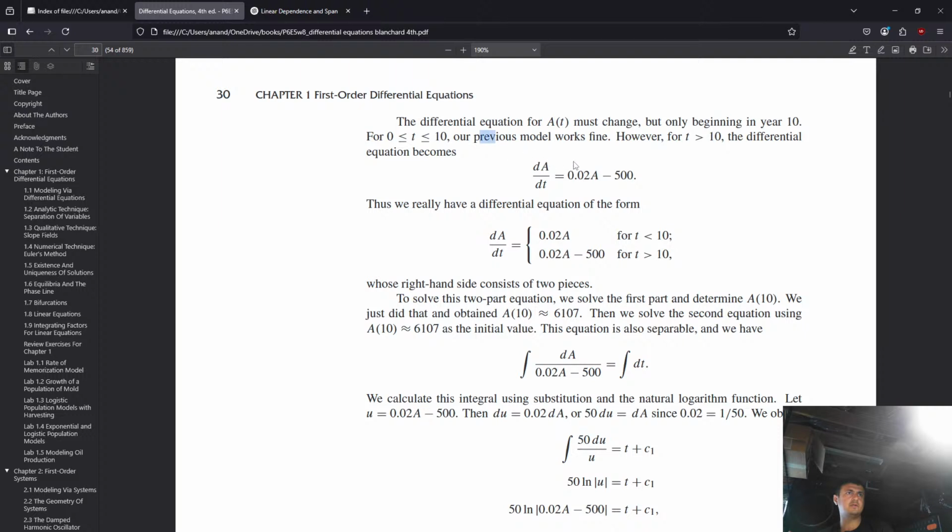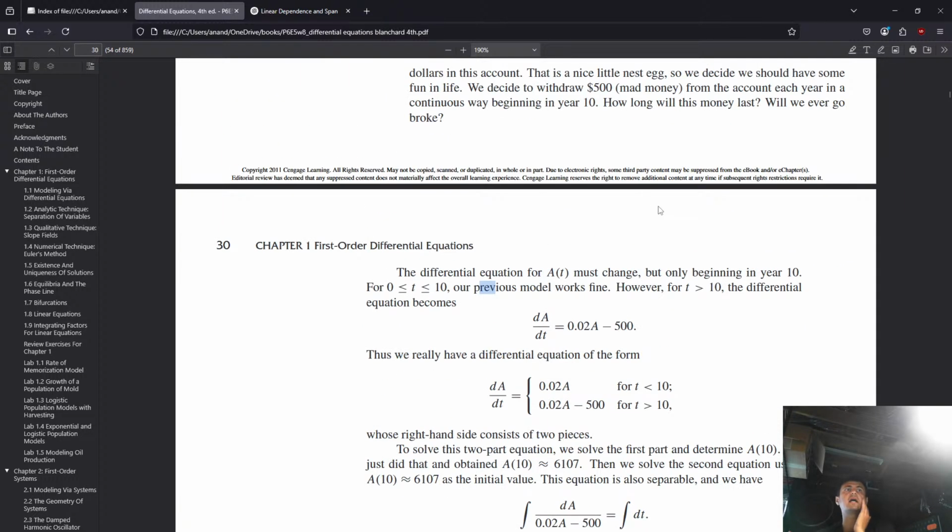I definitely want to look into this minus 500 thing, because how does the minus 500 mean every year?